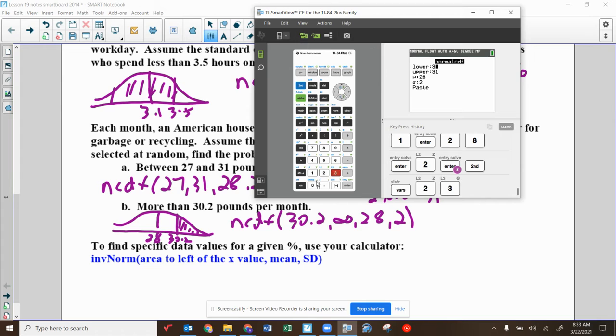So, you know what? I'm just going to type in a big number this time, instead of doing that, E99, just to show you that it works. 28 is already in there. 13.6%.